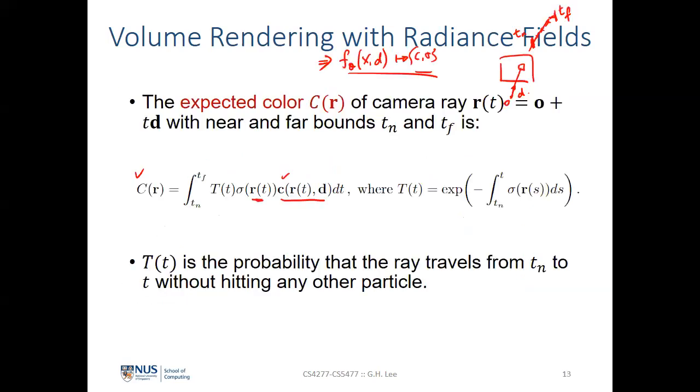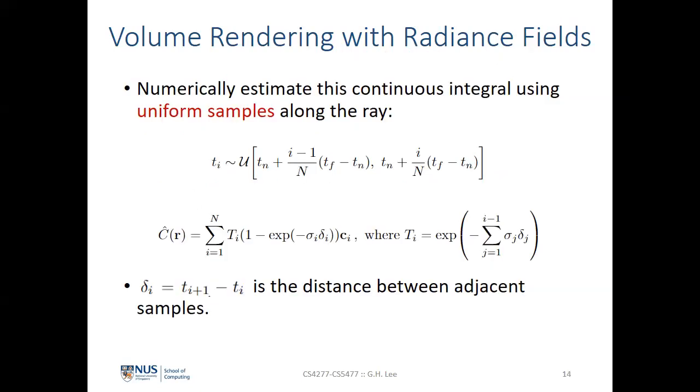They prove how to derive from here to here. You can use the quadrature rule, because when you are integrating, you can approximate the area under the curve as some kind of rectangles. And then this would be the final equation that we are going to look at.